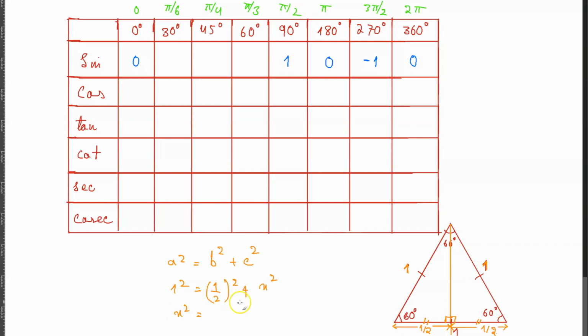That means x squared is equal to 1 squared, which is 1, minus 1/2 squared, which is 1/4. That is the same thing as 4/4 minus 1/4, which is equal to 3/4. So x squared is 3/4, and therefore x is equal to the square root of 3 over 2, right? So this side becomes square root of 3 over 2 units.